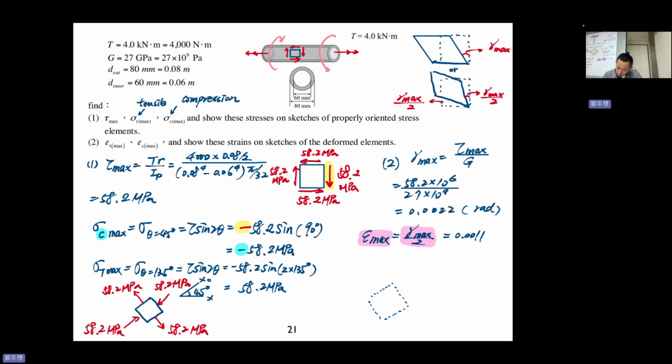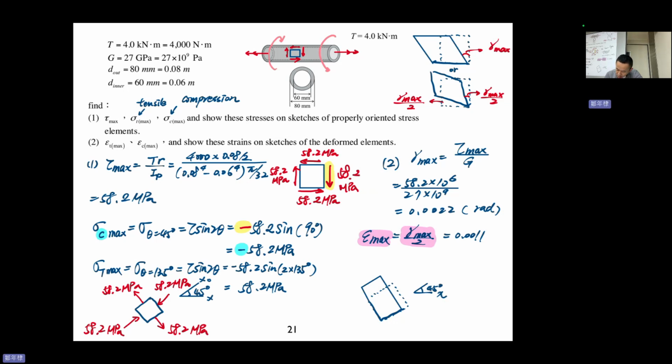So I will make it compressed and elongated. That's it. And oh, I should emphasize that this surface should be 45 degree.